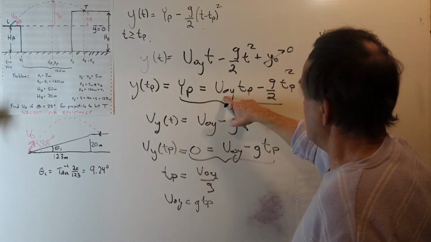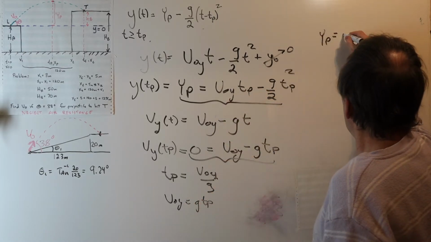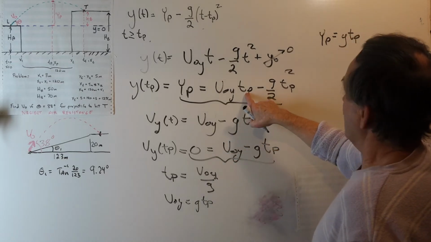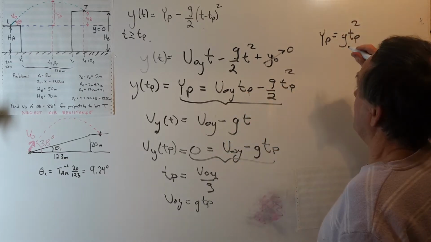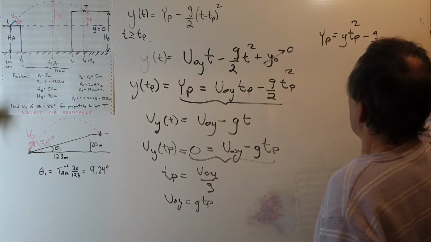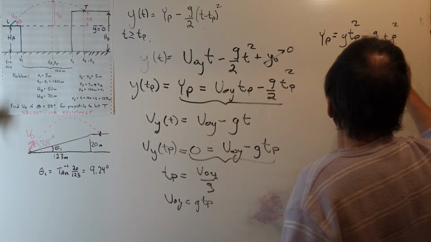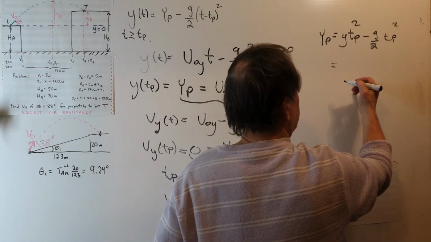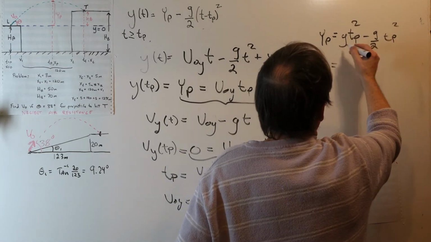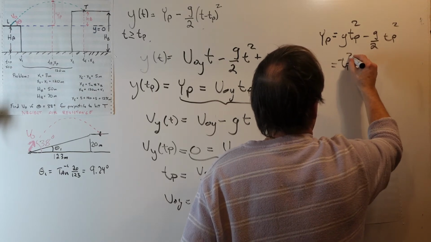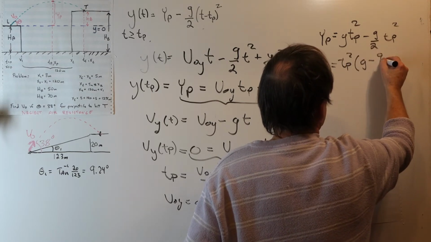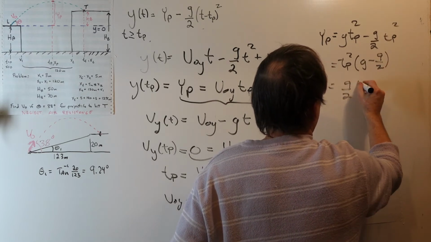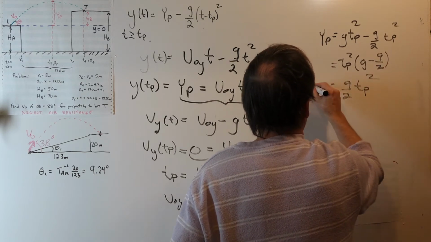So we have y peak equals v0y, which is g t peak, multiplied by t peak, so that's squared, minus g over 2 t peak squared. So we can factor out our t peak squared, and this is g minus g over 2, or g over 2 t peak squared. That's our y peak.